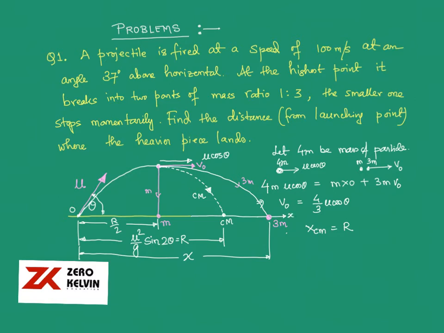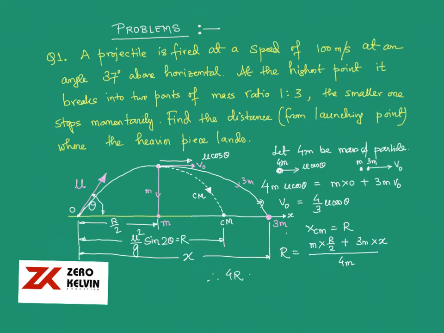So xcm is equal to r. Now xcm, so r is equal to m1 x1 plus m2 x2 by m1 plus m2. So m1 is small m multiplied by r by 2 plus m2 is 3m multiplied by x divided by 4m. So that means we have to find out x, right?